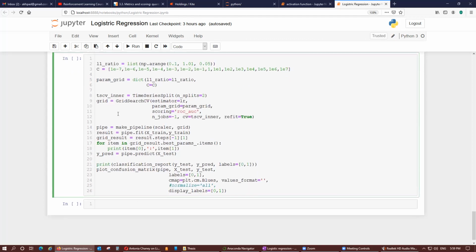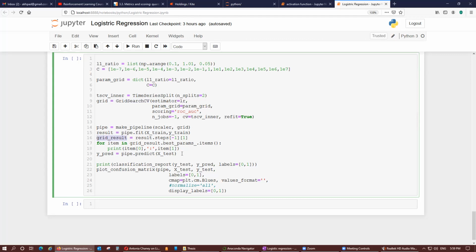Okay, so here we define the grid. In the same way you can make the pipe. There is a second variant of the pipeline. You can put in a scaler, the grid, define the pipe, and then pipe dot fit. When you fit it, from the result you can get the fitted estimator corresponding to the grid search CV, the grid result.